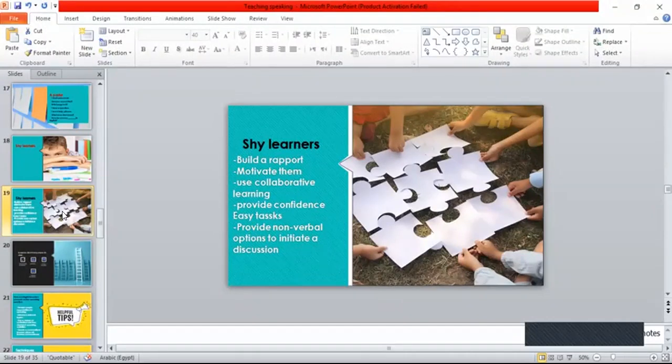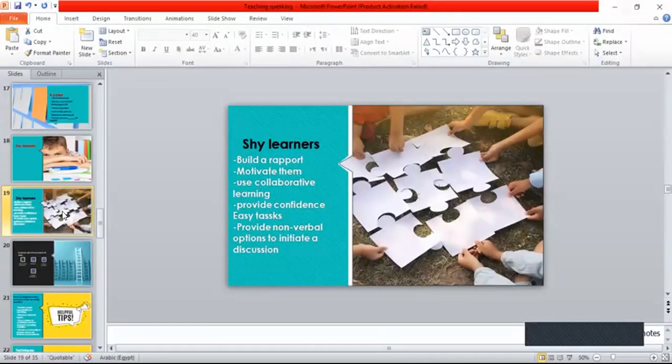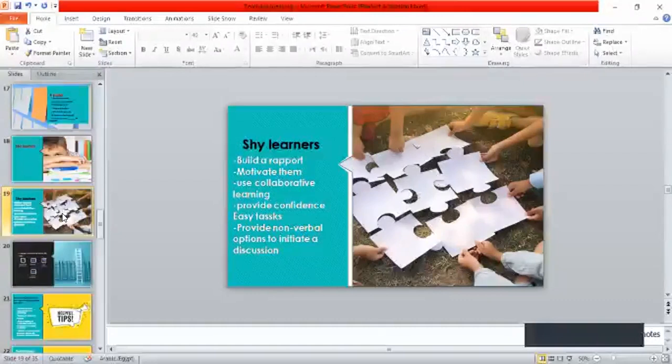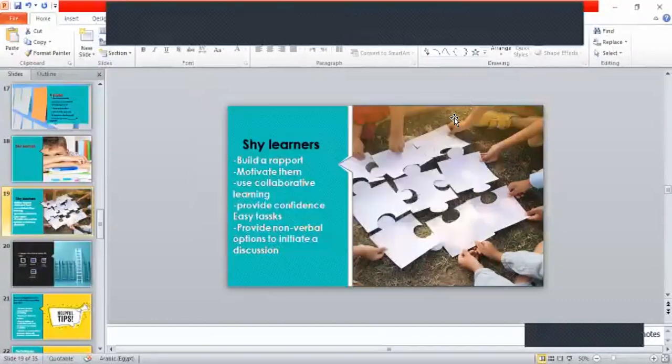Use collaborative learning. As I said, use group work and pair work. So invite them to join their friends or colleagues and work in a team or a group, okay? And make sure that they have a role in the group work, not only to join, but to speak and participate, I mean.